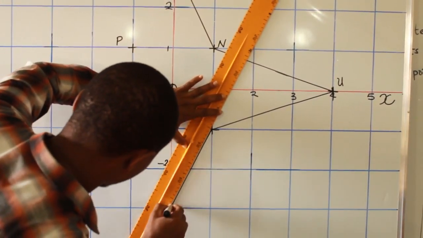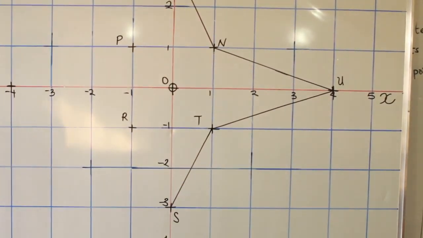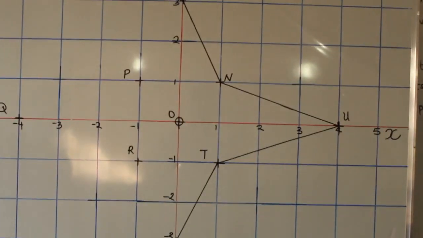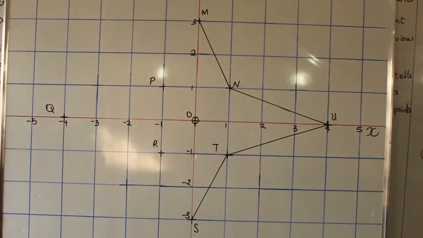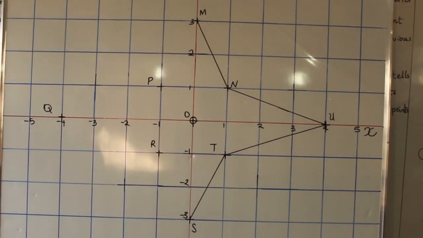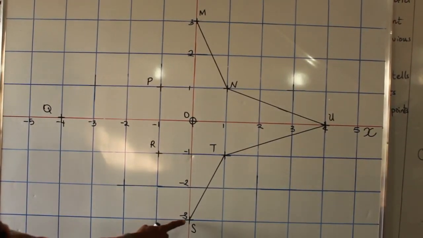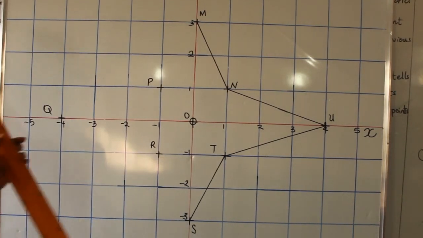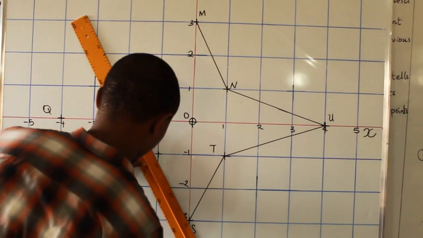Then from S to R. S to R. This is S, this is R. We're joining S to R.